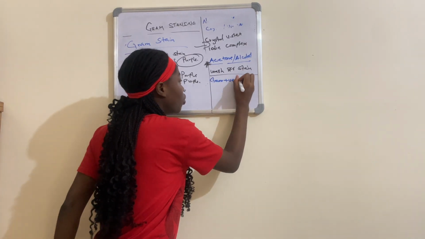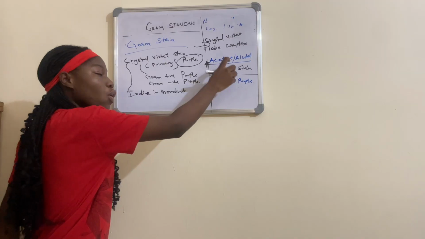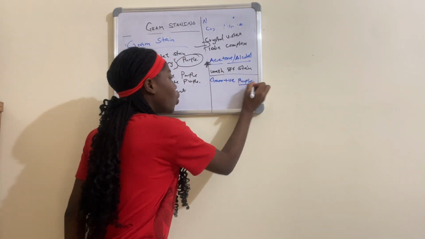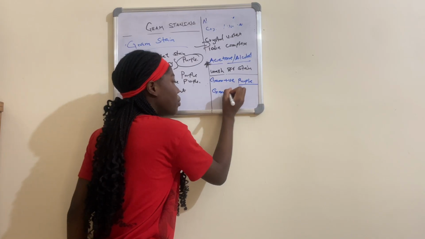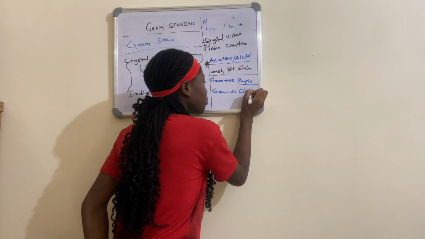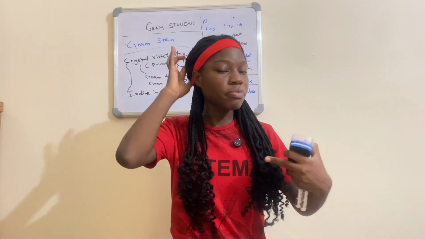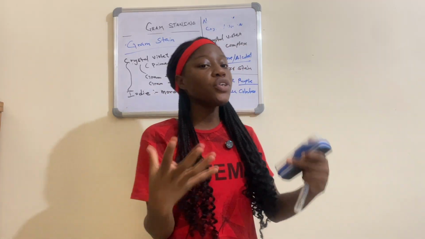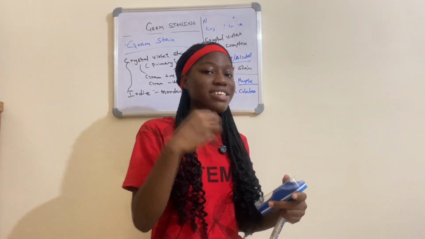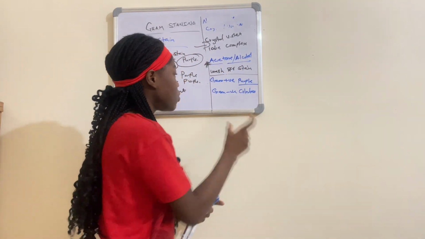While the gram-negative bacteria will become colorless. So after adding the acetone or the alcohol, the gram-positive bacteria will retain the crystal violet color, while the gram-negative bacteria becomes colorless.